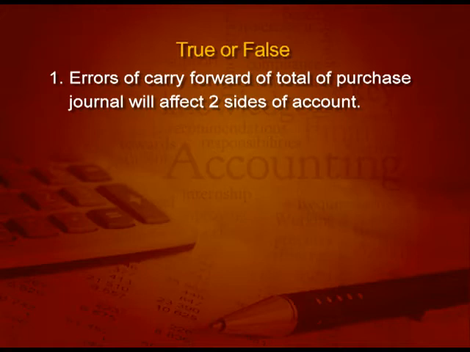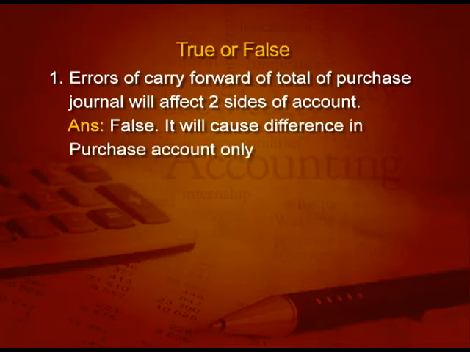Errors of carry forward of the total of purchase journal will affect two sides of the account. Answer is false. It will cause difference only in purchase account. Why other account? Because we are just doing the total part wrong of one book. So it is one error, not two sides.